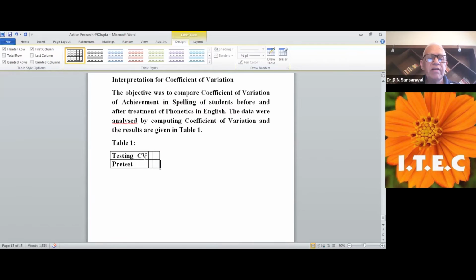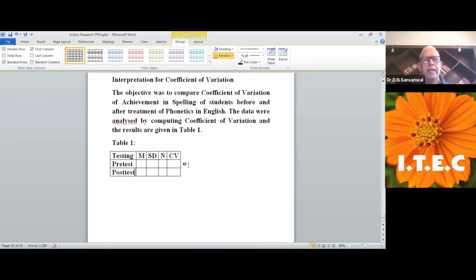I will like to write here the mean, then the standard deviation, then n, because all these you will require to compute the CV. So pre-test and then it is post-test.